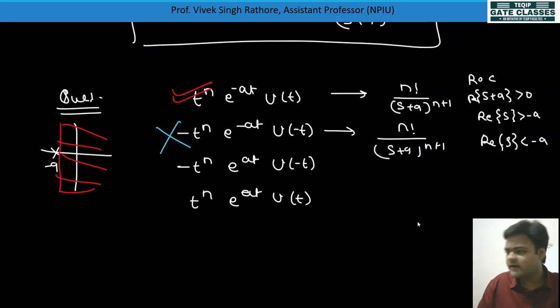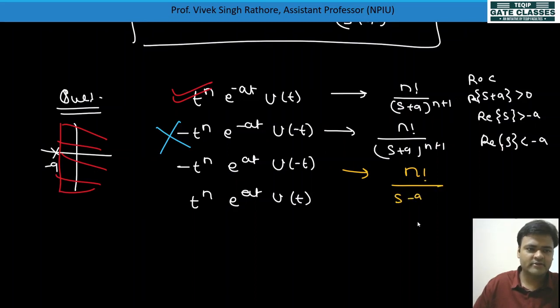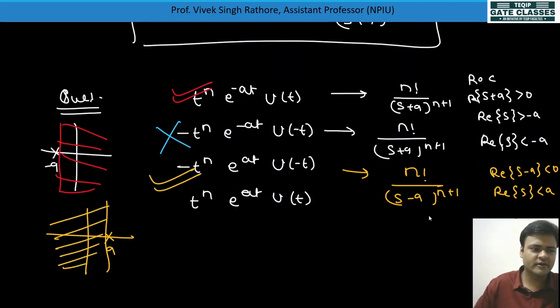Okay, and then if you see this type of system, this is n factorial by s minus a to the power n plus 1. And here real part of s minus a is less than 0, so real part of s is less than a. Its ROC will include the j omega axis, so it is stable.